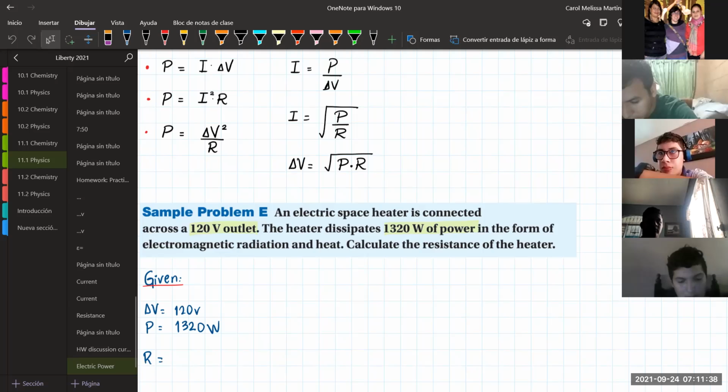Remember, the resistance is measured in ohms. I have three equations here, A, B, and C. Which one is better for us to use?